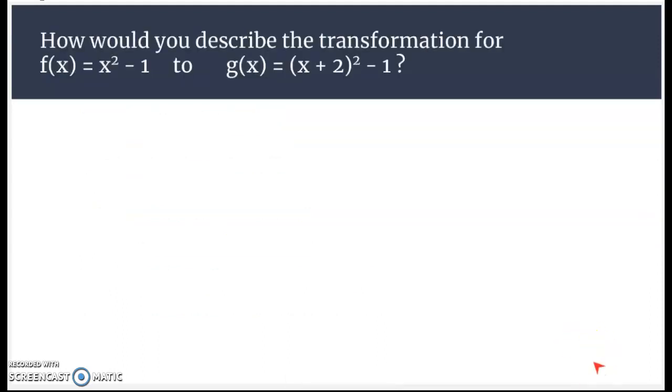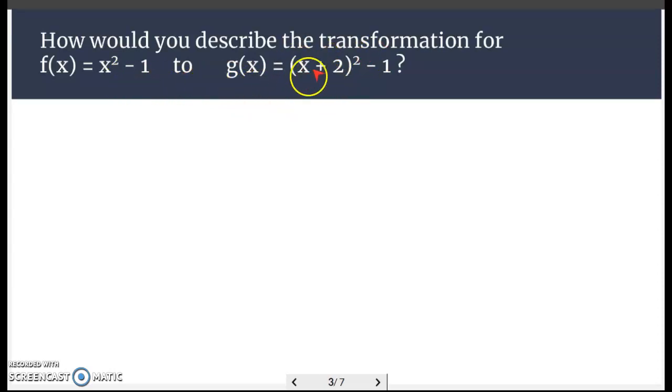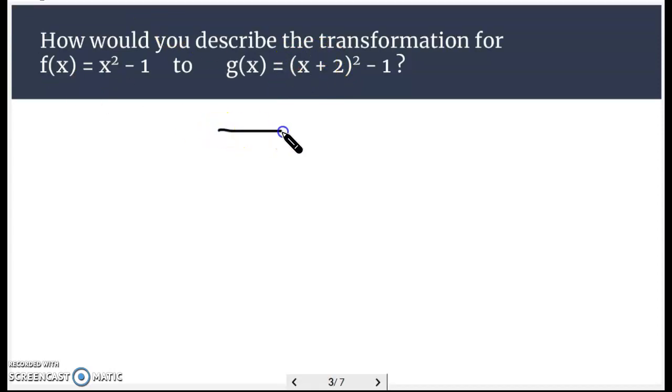First one: how would you describe the transformation of f of x equals x squared minus 1 to get g of x, which is (x plus 2) squared minus 1? Looking at these two functions, the only difference is on the inside. 2 is being added to x on the inside. Since it's right next to x, that tells us a horizontal translation is taking place.